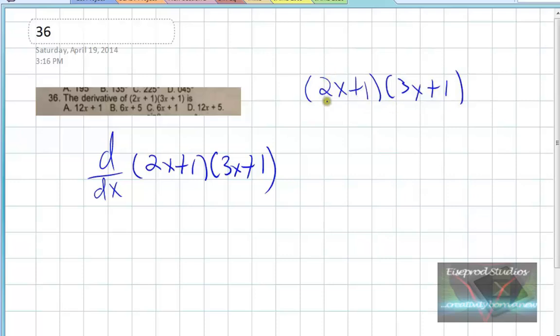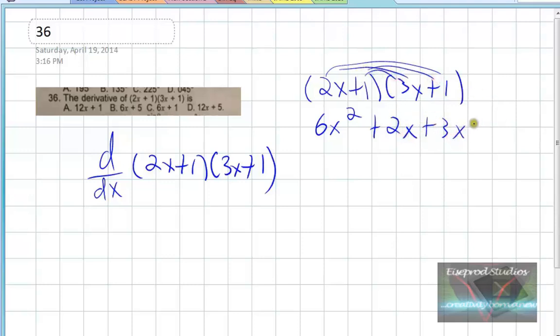We're going to simply FOIL these two out. So first, 2x times 3x is going to be 6x squared. Then we do the outer terms, 2x times 1 is just 2x. Now the inner terms, plus 3x.